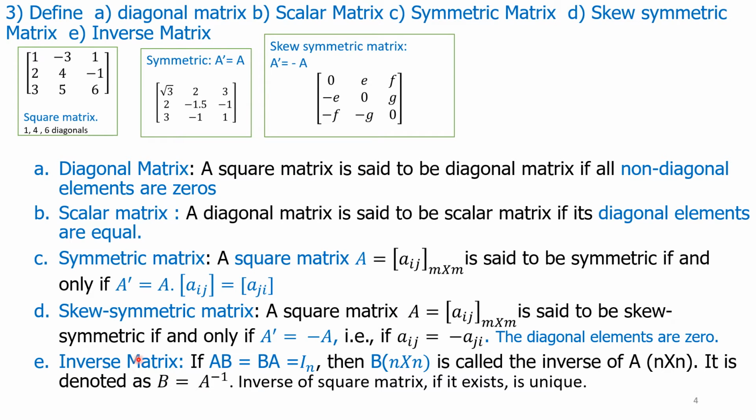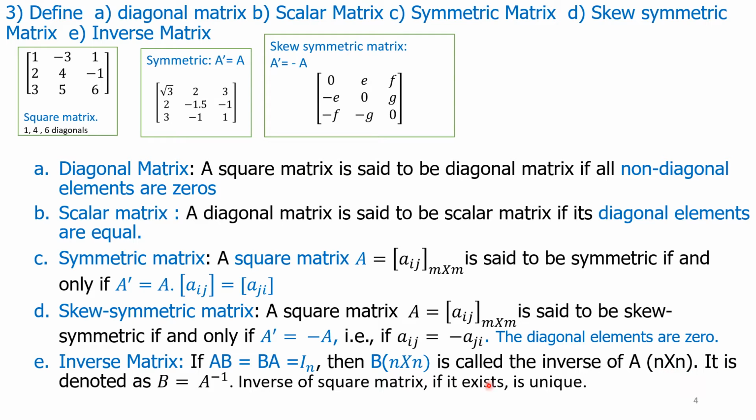Part E, inverse matrix. If AB is equal to BA, where A is a matrix and B is a matrix, and AB equals BA equals I n, where both A and B are of the same order n by n, then B is called the inverse of A, which is also of the order n by n.